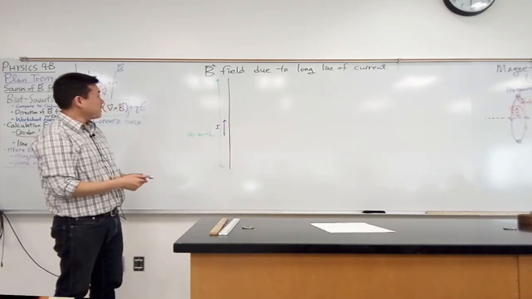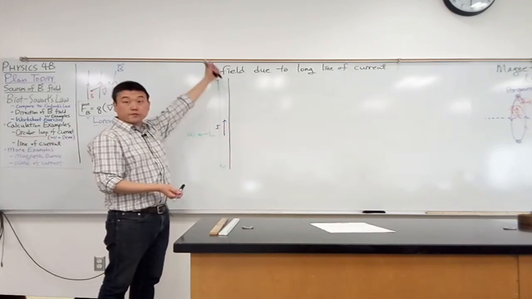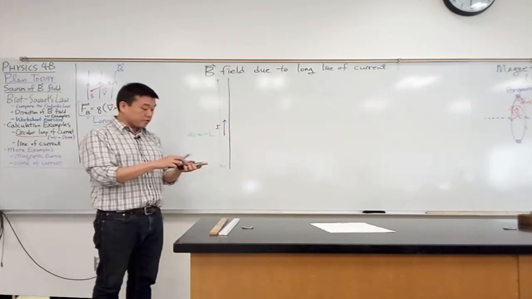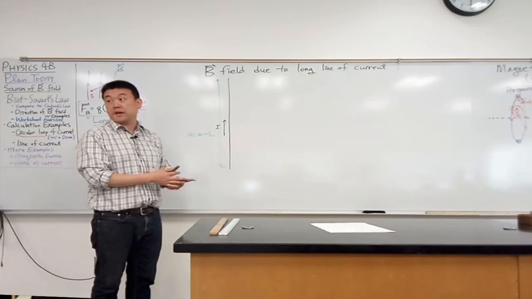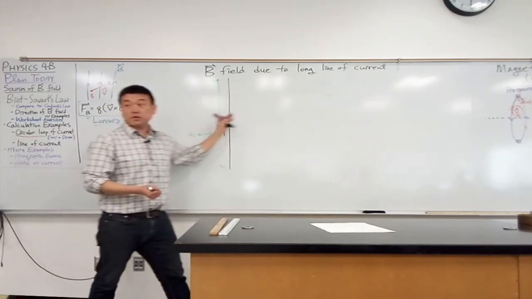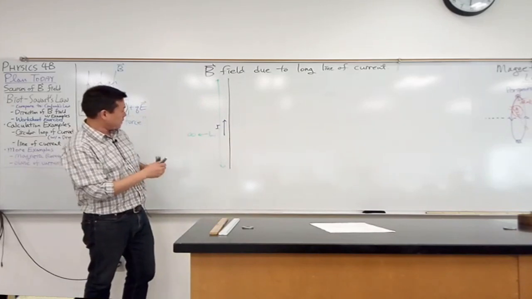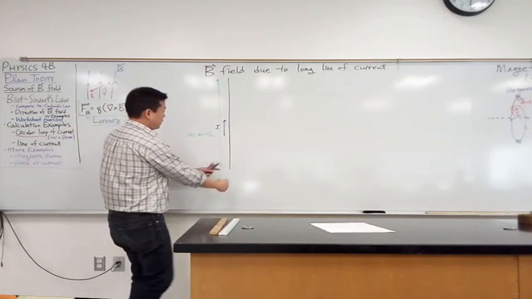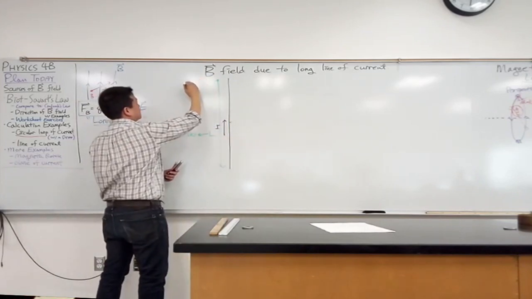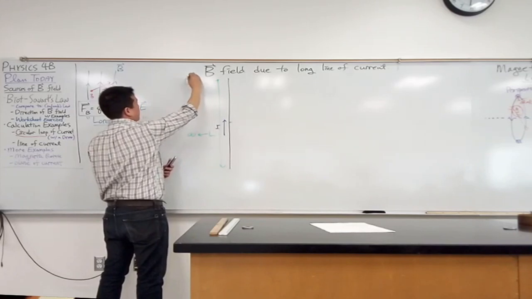And I'm interested in the magnetic field due to this line of current at a particular point in space. So I'm going to illustrate that point with some parameters so that it can represent any point in the space around the wire. Let me make things easy for me. I'm going to take the midpoint of this wire, where, let me set up the axis, so this will be my axis, x, y.